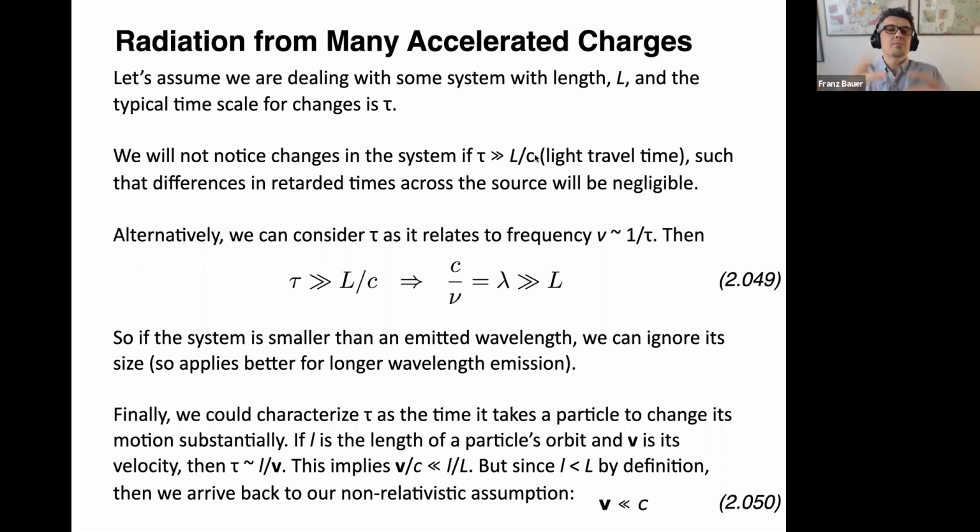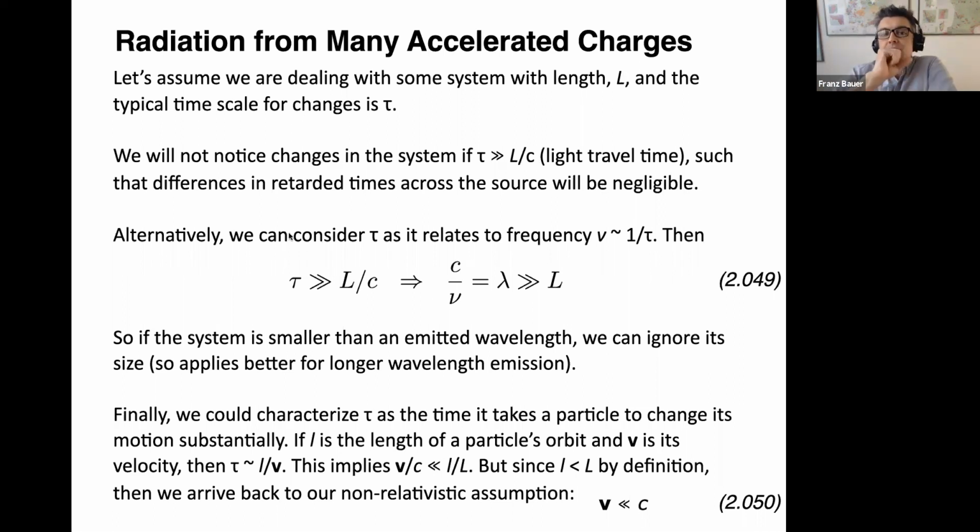What we really mean is that the changes have to be coherent, so they happen on timescales which are longer than the light crossing time. Otherwise, if this side of the cloud was changing and this side wasn't, that would be incoherent. We want something that is coherent.